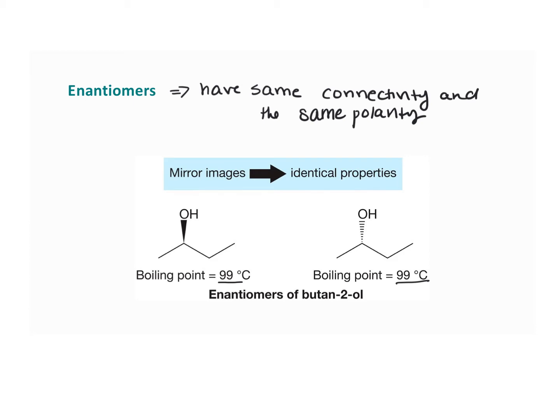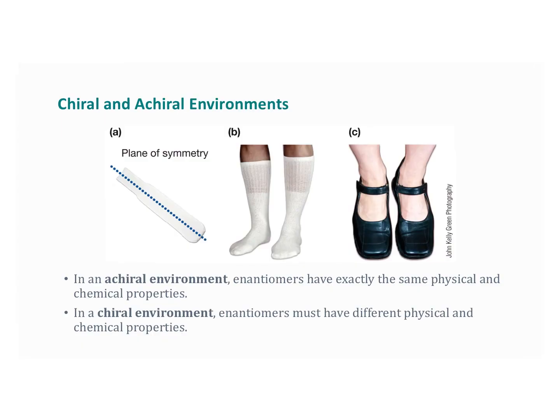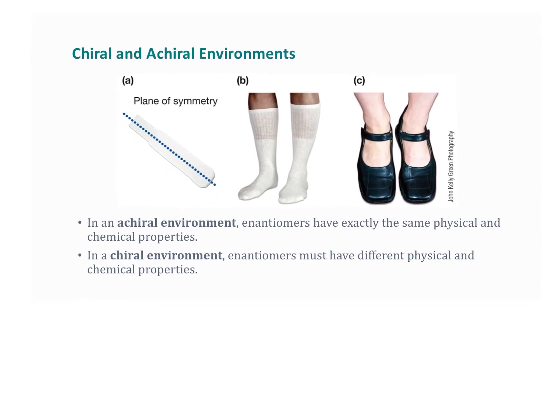However, whether or not the enantiomers behave identically does depend on their chemical environment. So enantiomers traditionally are really hard to separate, but what we can do is change their chemical environment to make it easier to separate them. So we have to define their environment. We can basically have two different environments. Most environments that we encounter in the laboratory are called achiral environments.